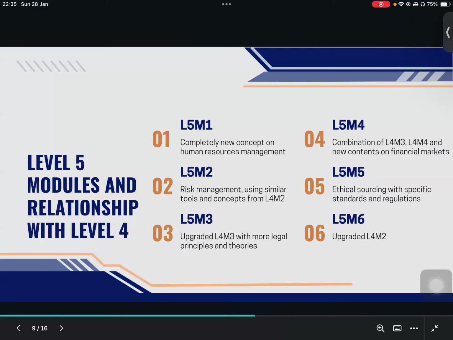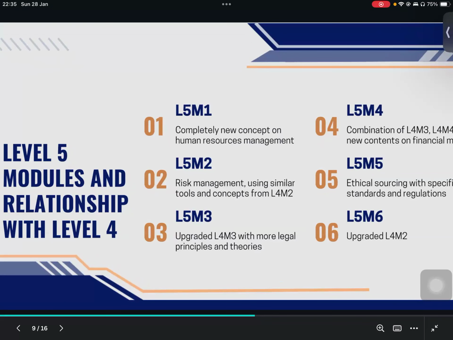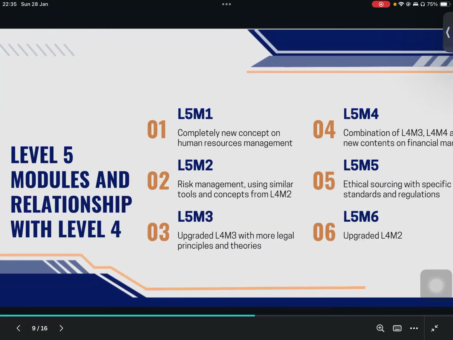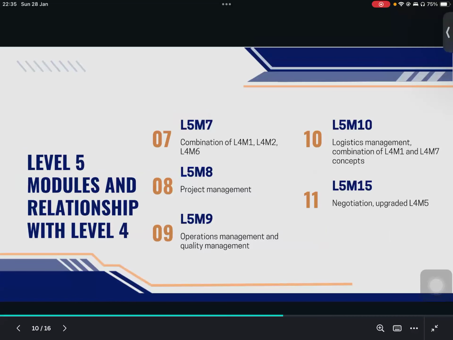For anyone moving from level 4 to level 5, I suggest that you try L5M6 first or L5M2 because they are pretty close to level 4. If you can remember something from level 4, then these modules will be easy for you. But depending on your job and your preference, if you want more challenge, then you may try L5M9 or L5M10 in particular.